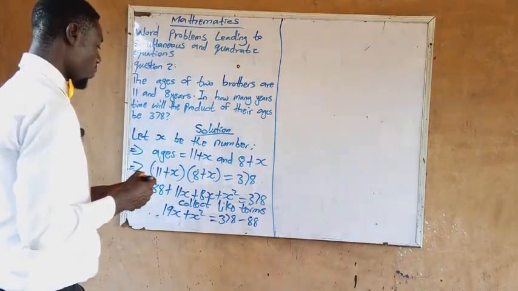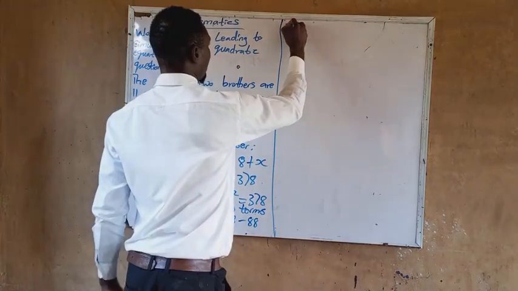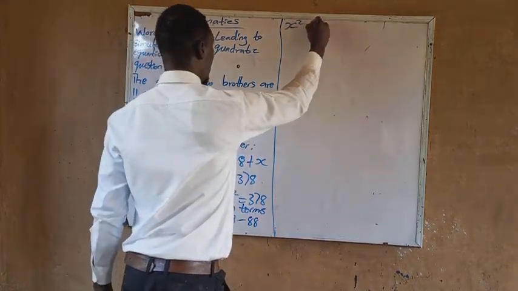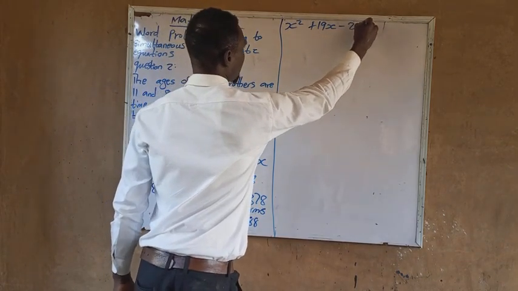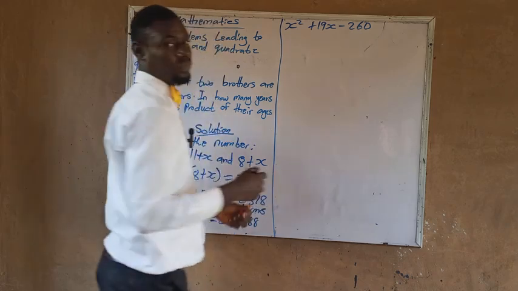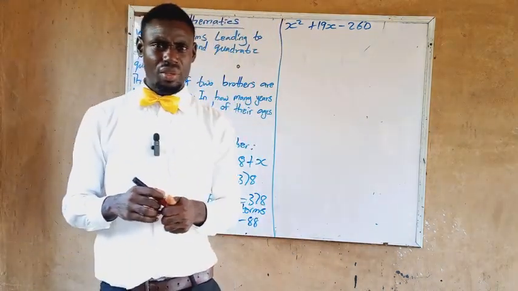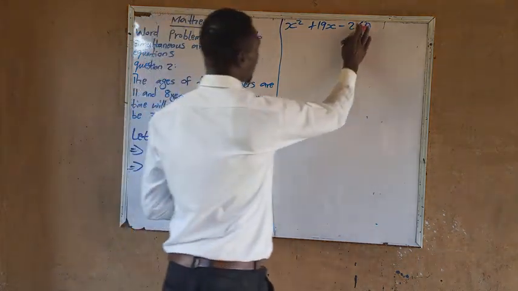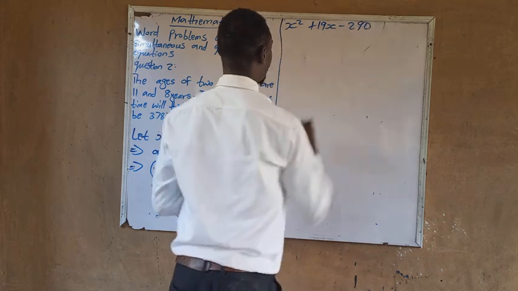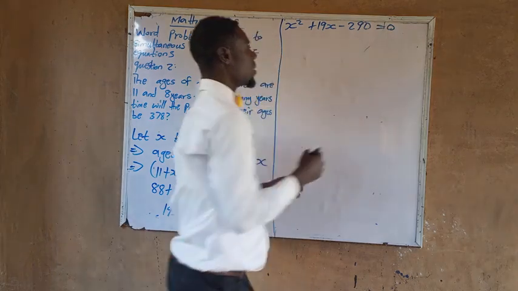When we subtract, we end up with x squared plus 19x minus 290 equal to 0.